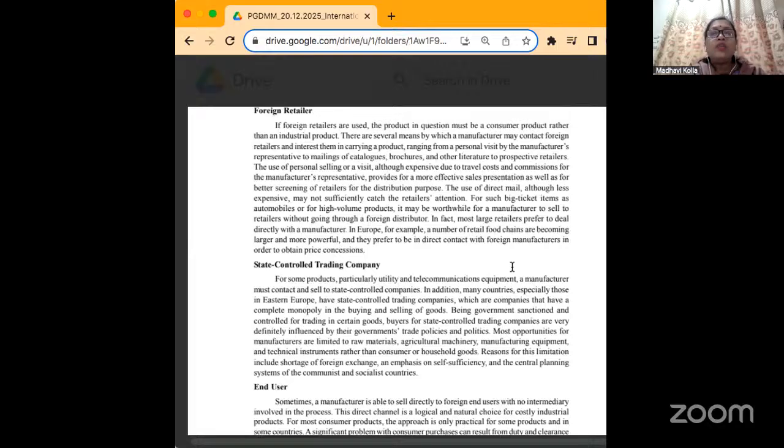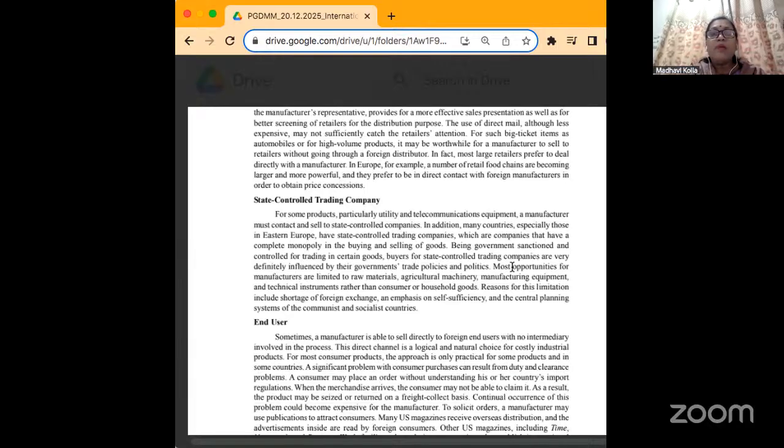However, there is also the aspect of higher costs involved, because someone has to go abroad, stay there, and travel. So there are certain other aspects to be considered from both ends. In Europe, for example, a number of retail food chains are becoming larger and more powerful, and they prefer to be in direct contact with foreign manufacturers in order to get price concessions.